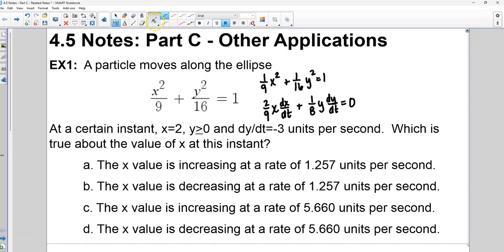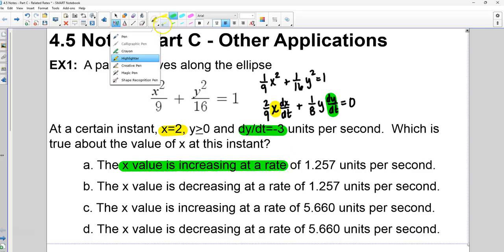So they tell us that x equals 2, so I can replace this x right here. They tell me y is greater than 0, but that's not helpful for finding an actual value. They give me dy/dt, and then they don't tell me exactly what I'm looking for, but if I look at my answer choices, the value of x is increasing at a rate.